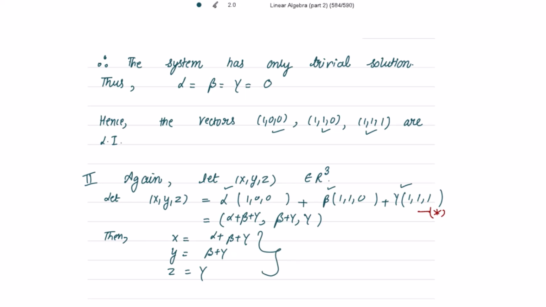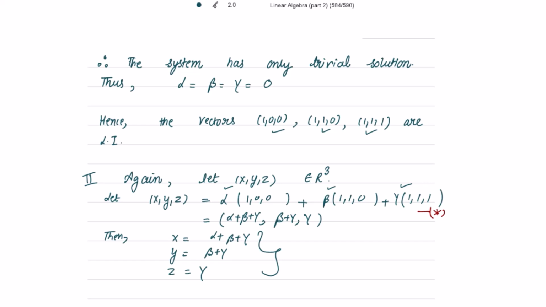Then you say that this vector is a linear combination of (1,0,0), (1,1,0), (1,1,1), the given vectors. And then you say that these form the basis for R3. Right? So I have to get the values of alpha, beta, gamma in terms of x, y, z.